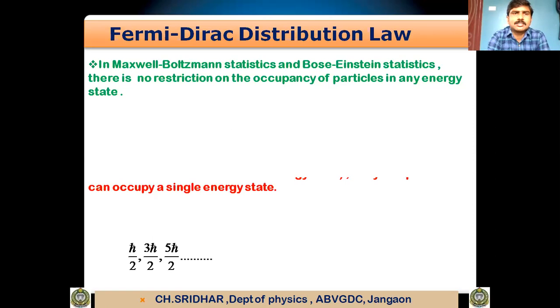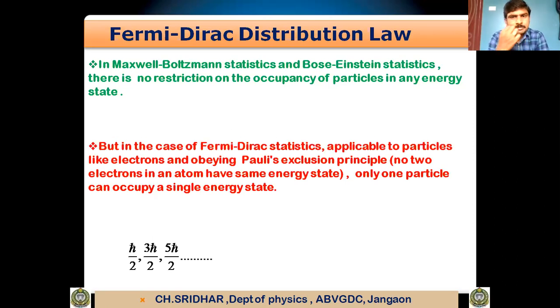But in the Fermi-Dirac statistics, applicable to particles like electrons and obeying the Pauli's exclusion principle, the Pauli's exclusion principle says that no two electrons in an atom have the same energy state. So only one particle can occupy a single energy state. Unlike MB statistics and BE statistics, in the case of Fermi-Dirac statistics, only one particle should occupy a given single energy state.